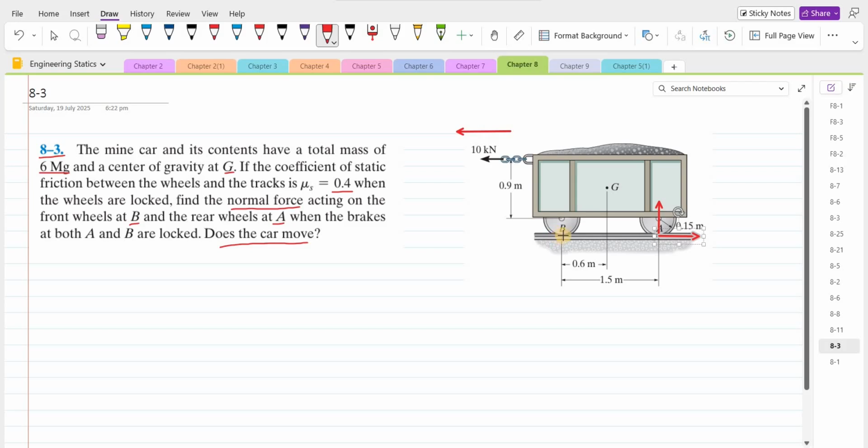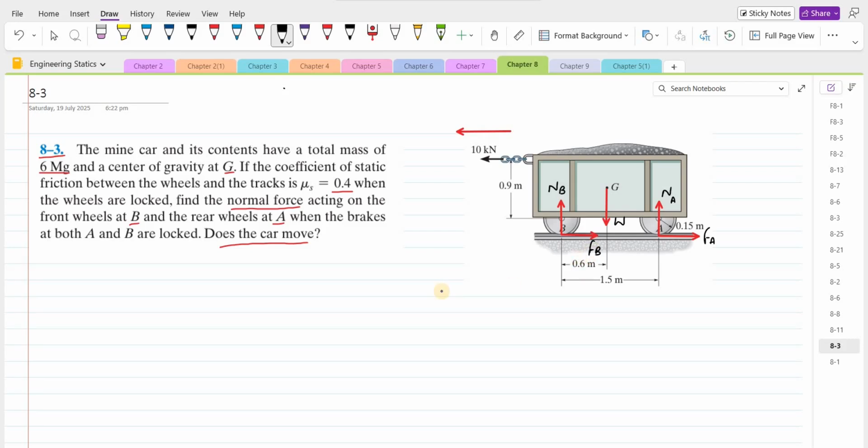Similarly, at point B, we have a normal force and a frictional force towards the right to oppose the relative motion, and we also have the weight force acting in the downward direction. Let's label them. This is the weight force, let's call this W. This is the normal force at point A and this is the frictional force at point A. Similarly, this is the normal force at point B and this is the frictional force at point B. So this is our free body diagram.